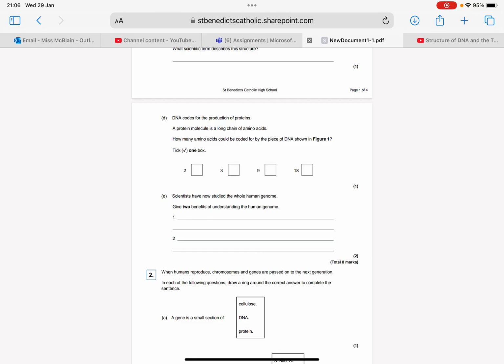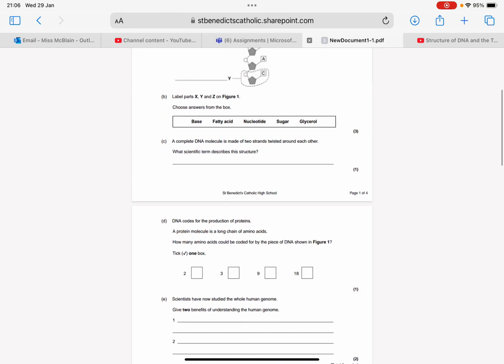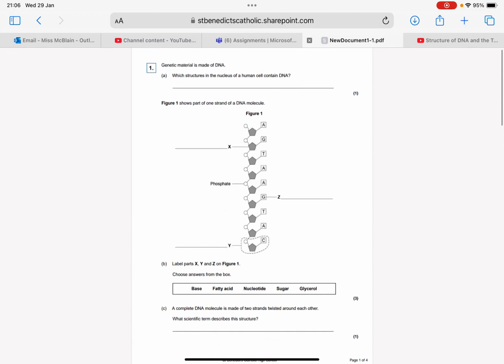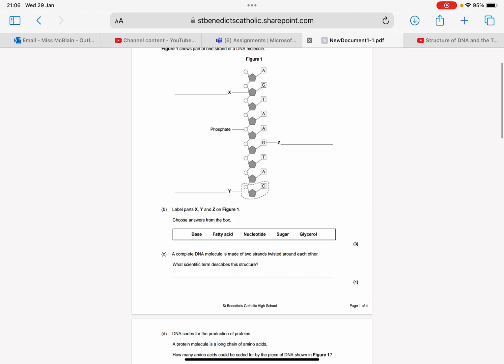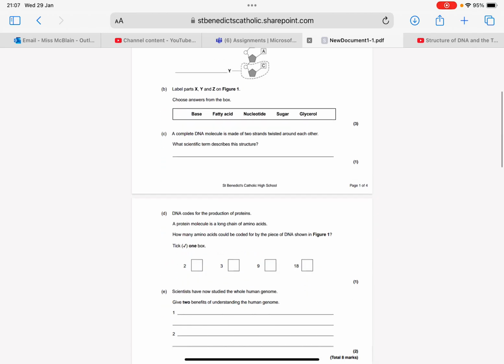How many amino acids could be coded for by the piece of DNA shown in figure A? So in figure A, you've got 1, 2, 3, 4, 5, 6, 7, 8, 9. You have got 9 letters. So how many amino acids would you have altogether? Do you have 2, 3, 9 or 18?